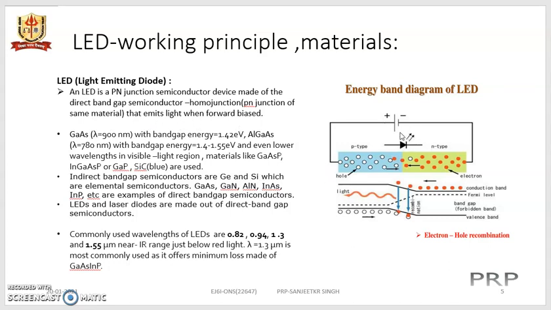So this is the forward biasing of the LED structure, and this is the p-n junction where recombination happens: electrons from n type are moving towards the p side, and the holes from the p side are moving towards the n type material. So here is the site of recombination, and as the electrons are falling back to the valence band, light is given out or photon is coming out.